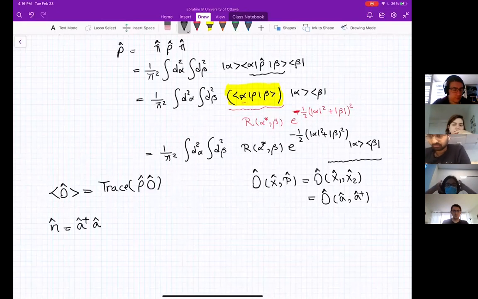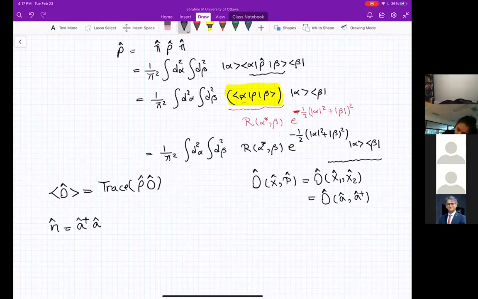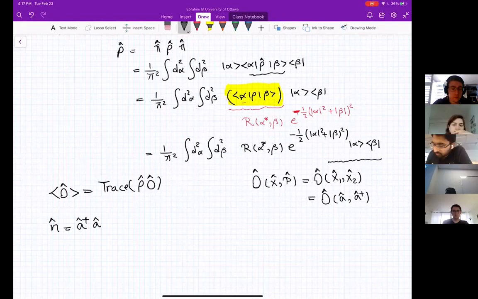It is A dagger A. All right, too easy. What else? Spin. We did not write the spin in that proper language, sorry. But you are right, you can build up a Hilbert space for that and just expand it.